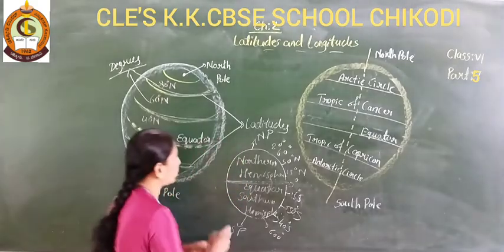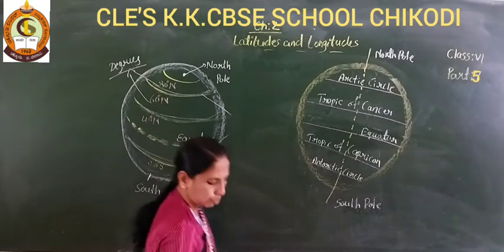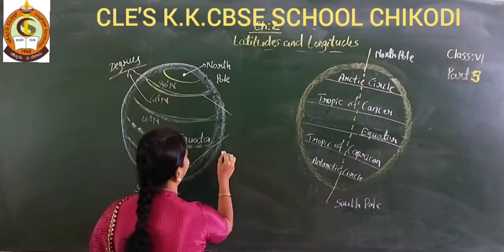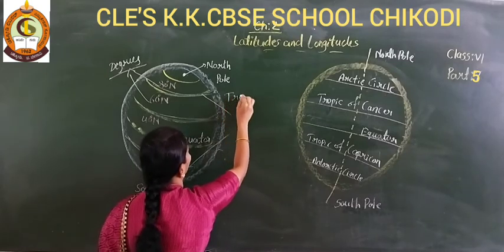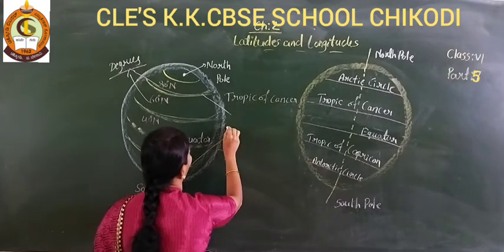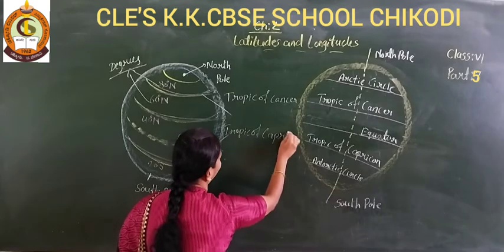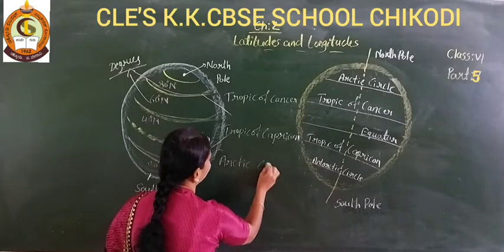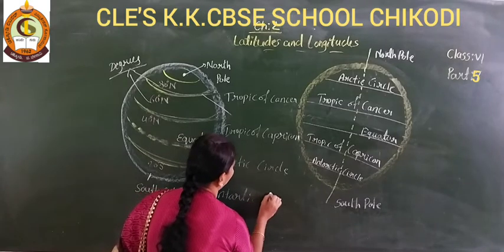Some important latitudes are here. You can see here: Tropic of Cancer, Tropic of Capricorn, Arctic Circle, Antarctic Circle.